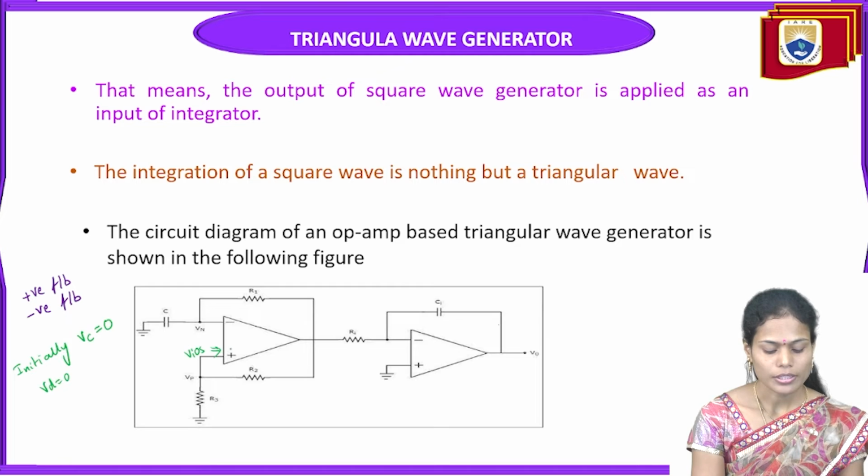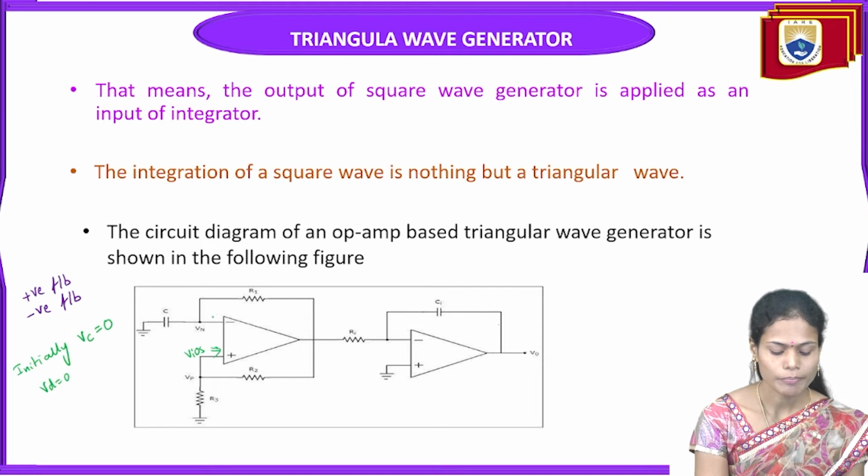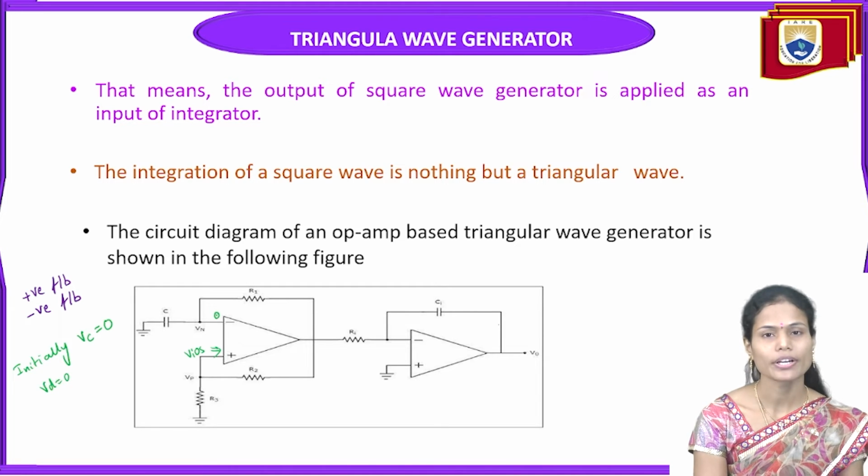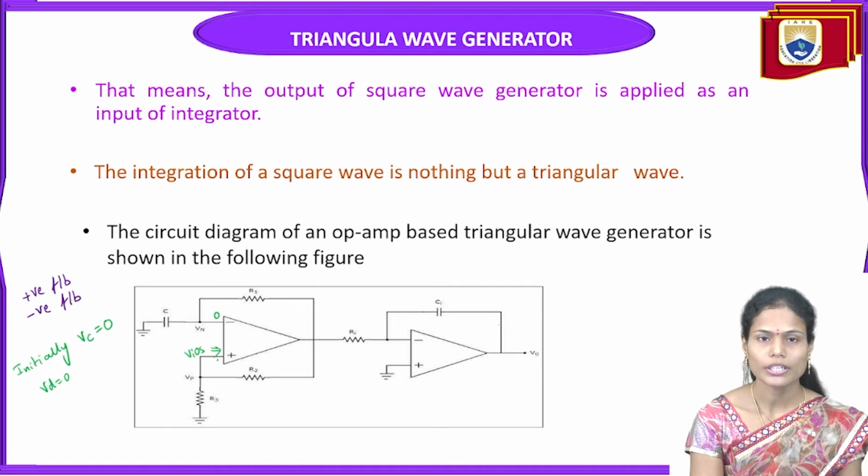So the voltage across the inverting terminal is 0, since we are not providing any signal, while across the non-inverting terminal some offset voltage is present. So the non-inverting voltage is greater than the inverting one: the inverting side is 0 for now and the other is some positive voltage.